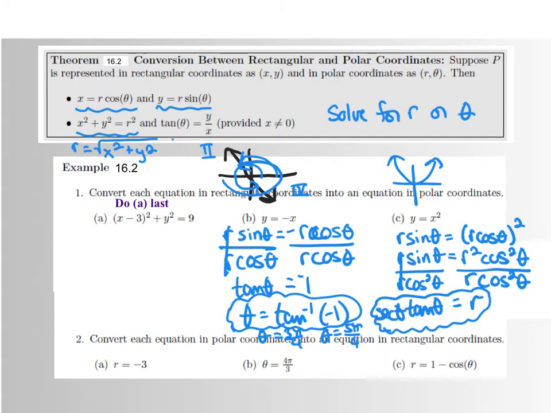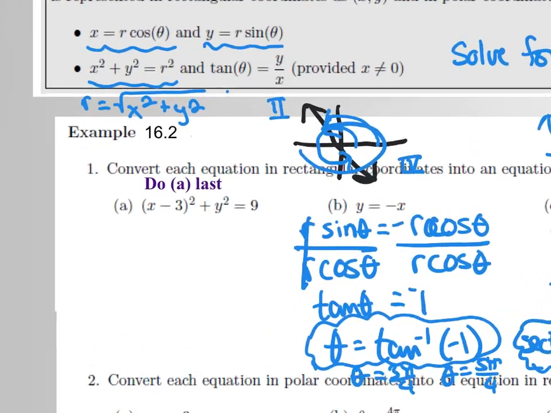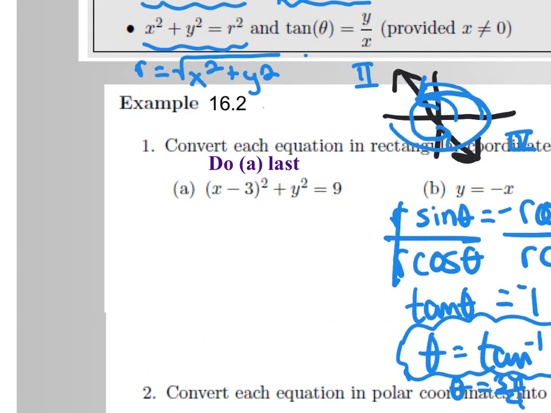Okay, let's go back and do A, the one that they said to do last. I think that we should go ahead and multiply this out. So let's do that. It's x squared minus 6x plus 9 plus y squared equals 9. Okay, well, the 9's cancel. So we have x squared minus 6x plus y squared equals 0.